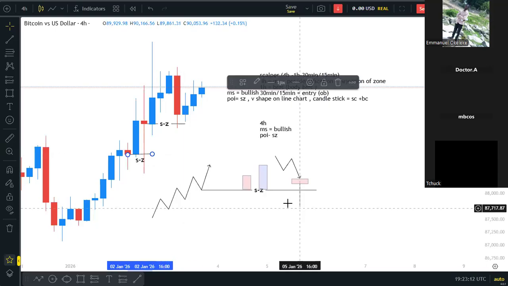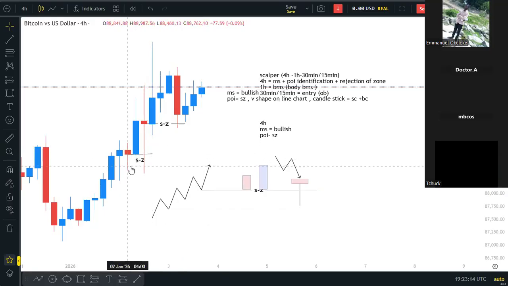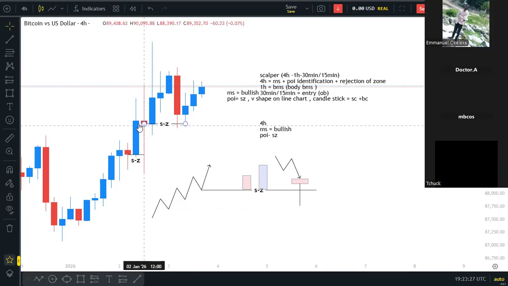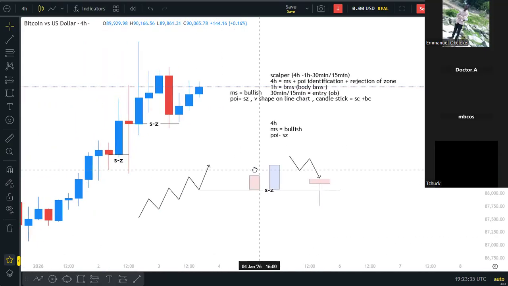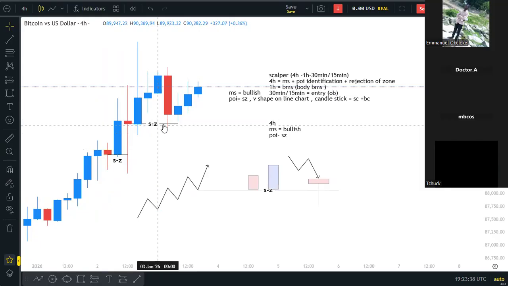What we mean by closing above it is that the body of the candle is above your support zone. So that's what we mean by a rejection candle. Coming to this support zone again, you can see that this red bullish candle is a rejection candle, because the body of the candle is above.